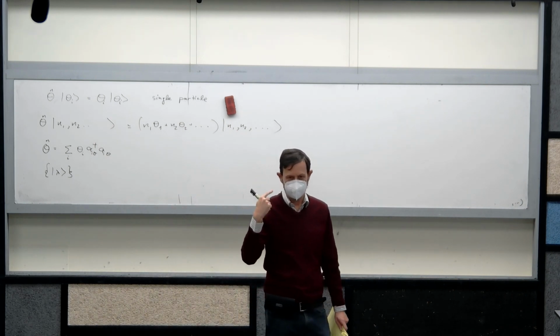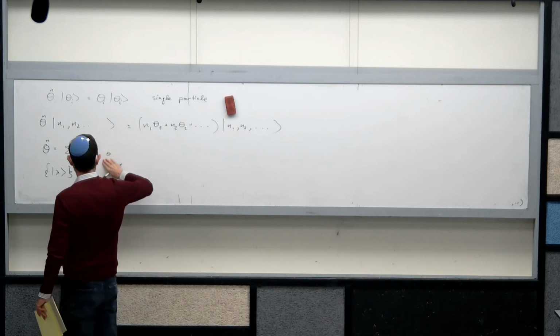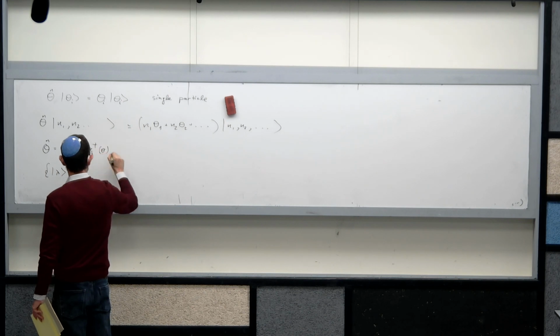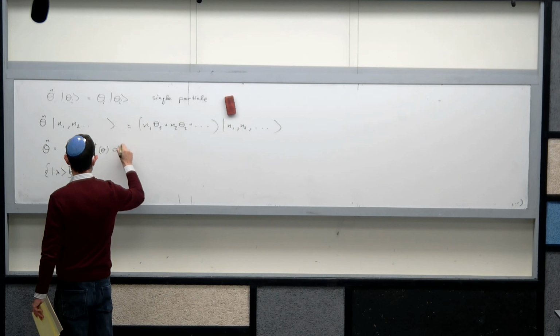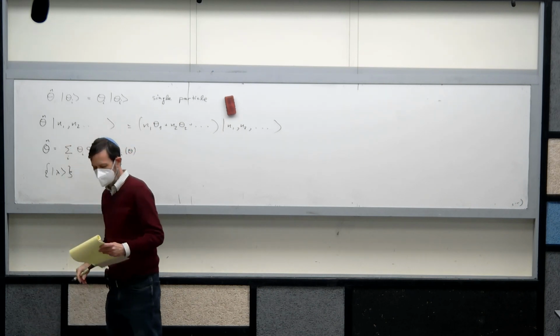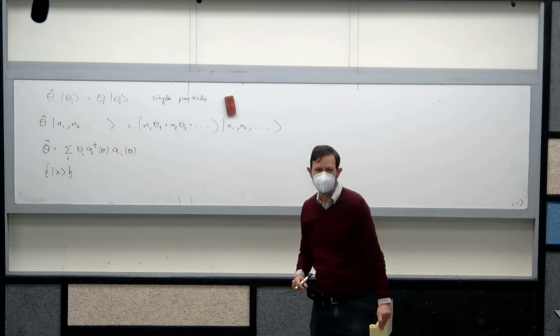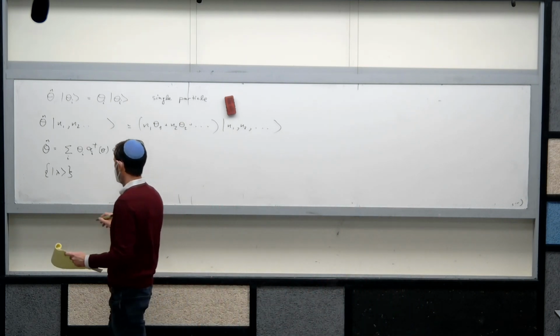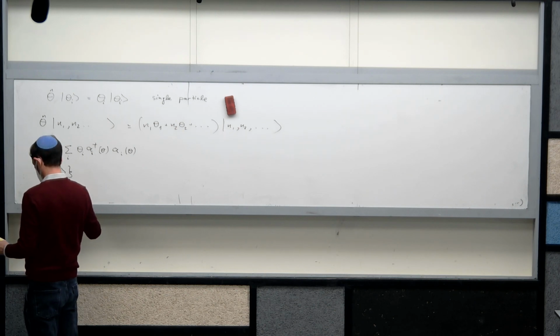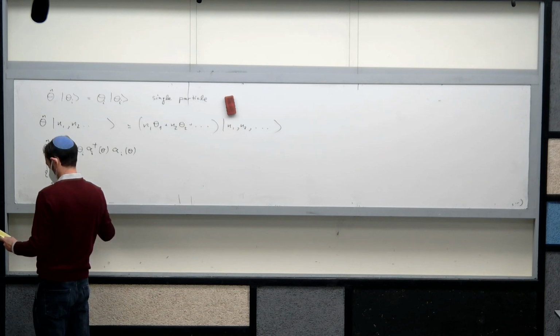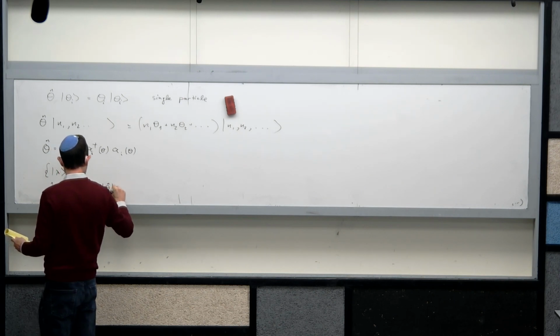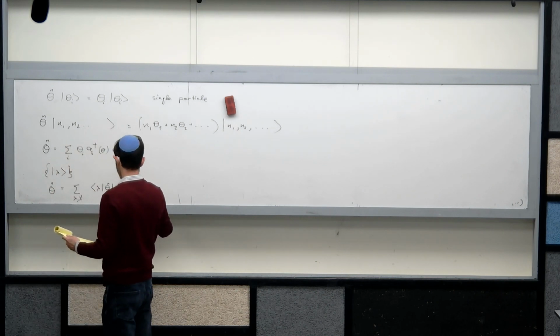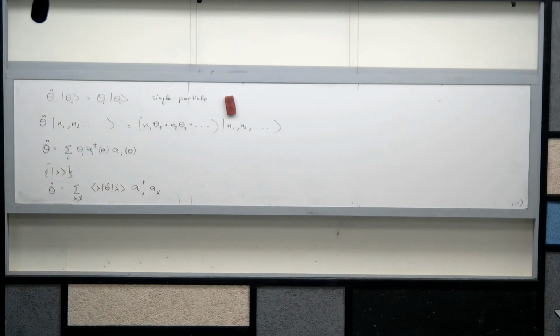I'm just reminding that it's creation and annihilation on theta. Perhaps a better notation would be different. How did I get it?